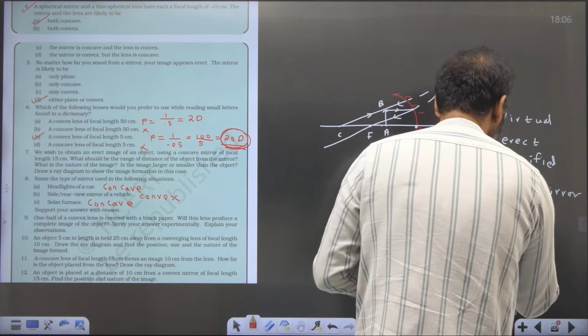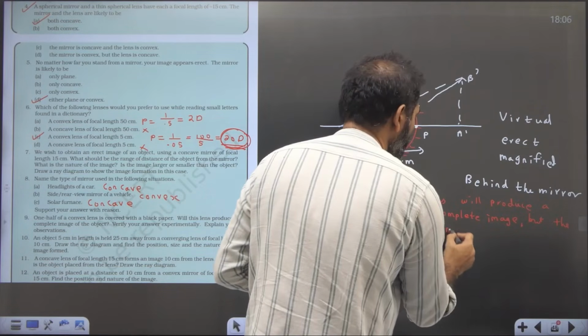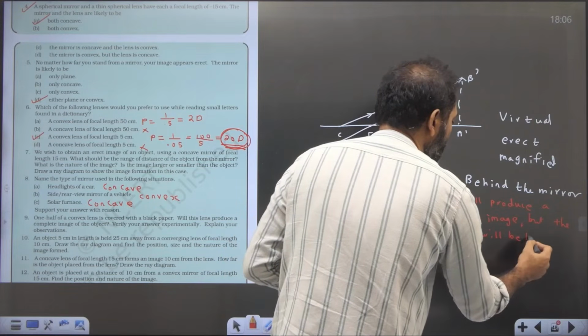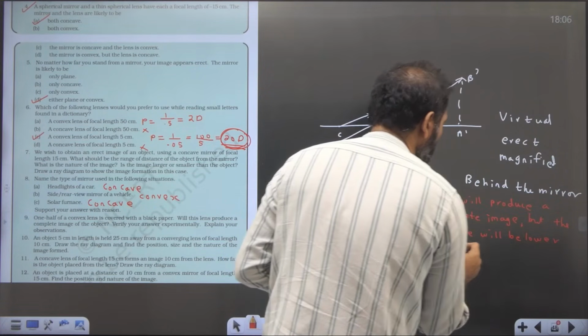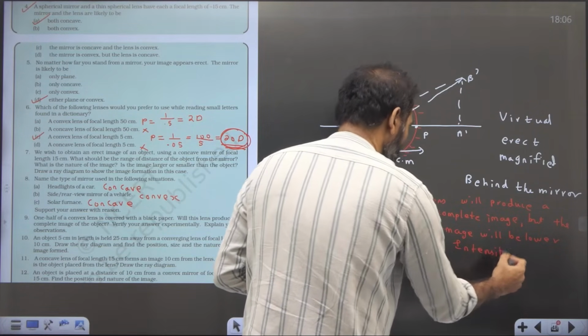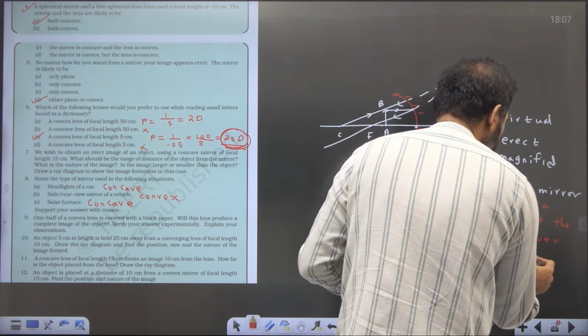But the image will be of lower intensity and brightness.